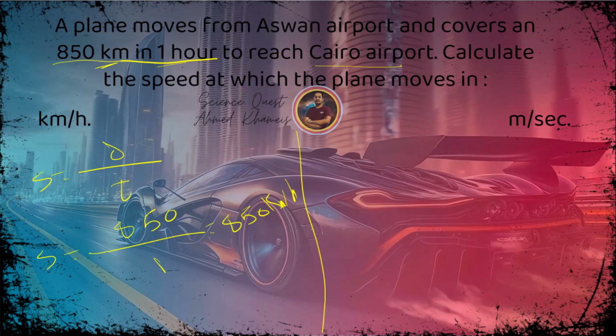And to convert from kilometers per hour to meters per second, we multiply by 5 over 18. So the speed will equal 5 over 18 multiplied by 850, which equals 231.1 meters per second.